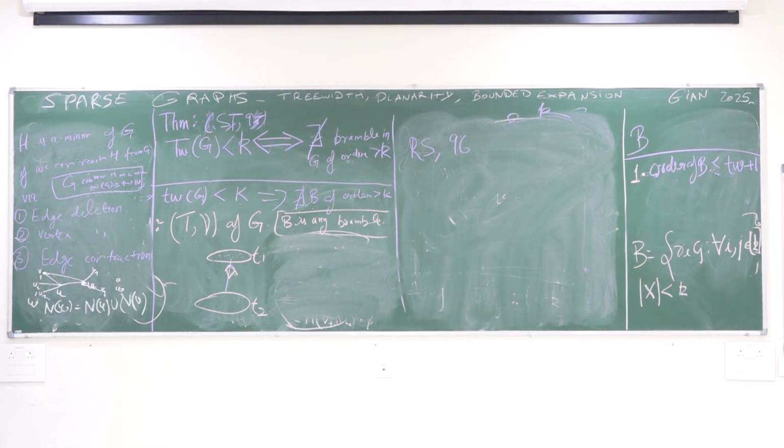So, if your graph contains H as a minor, then the treewidth of your graph is at least the treewidth of the minor. So, in these terms, we say that treewidth is closed under the minor relation. Okay, and this will be proved, I guess, later in this course.